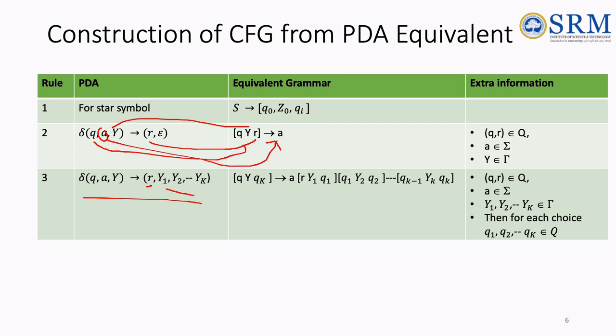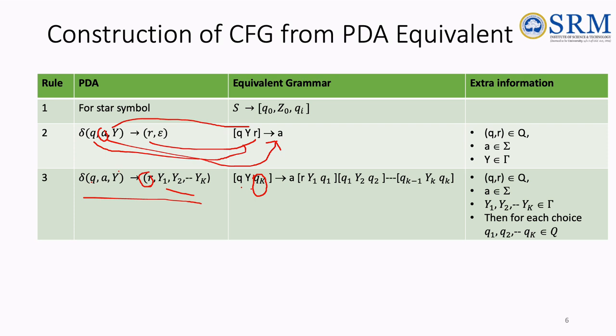It could be one element, but basically for a basic PDA we push only one element, though mathematically it could be a number of elements. So if this is the transition, how do you represent it? Write the Q over here, Y over here, the same, but instead of R, here we write all the possibilities of states.